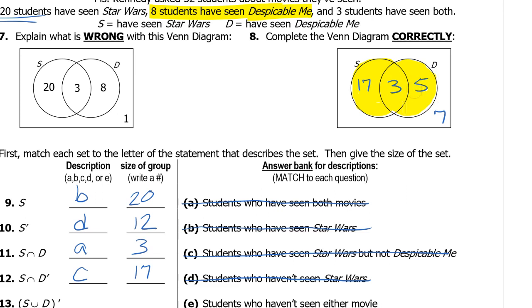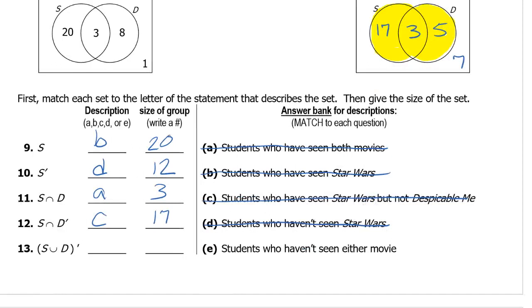So the complement of that will be students that I did not highlight just now, the students who have not seen either movie. So of course that is description E, the only one that's left, students who haven't seen either movie. And that is the 7.